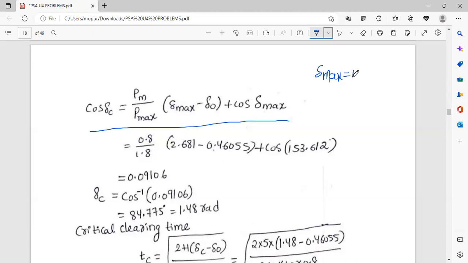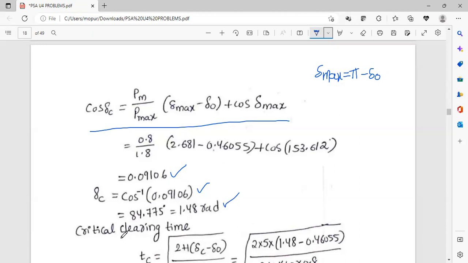These formulas are valid only for a fault at the sending end. So you will be getting the value of cos del C. From that you can find the cos inverse, and you will get the critical clearing angle.